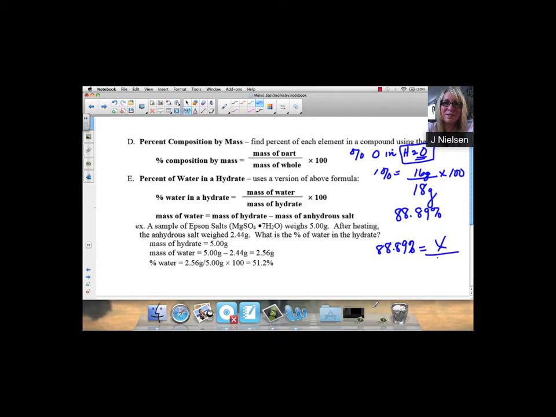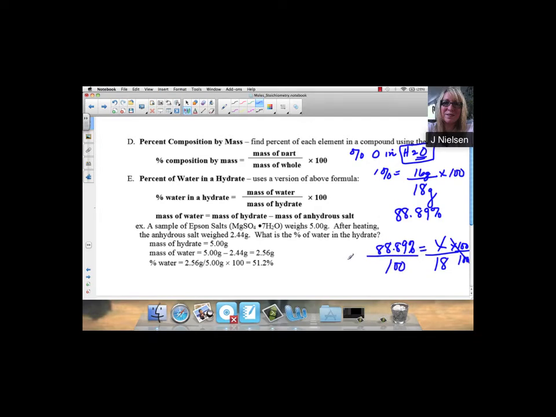So now this is what you have, and you're given the problem, and you have to solve for X. This is where you guys tend to fall through the cracks. Remember, you have to get rid of this 100 first. Okay? Divide both sides by 100. Cross these out.